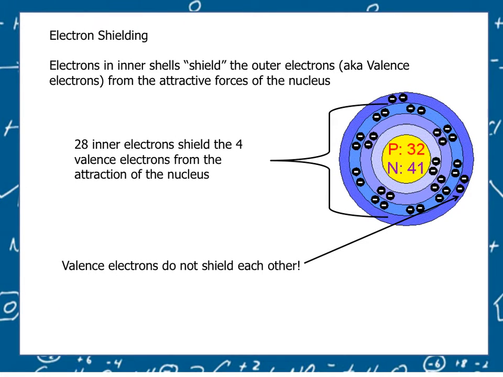Now, electrons are attracted to the nucleus, so we've got an attraction force between the valence electrons and these protons because they have an opposite charge. However, we've got a repulsive force from these inner electrons because they have the same charge.